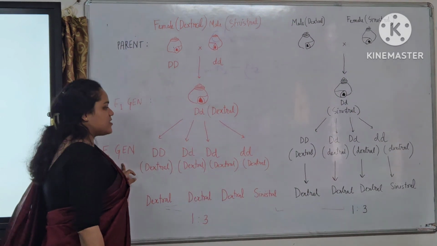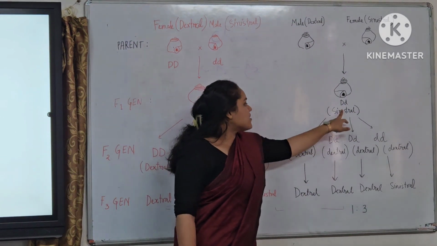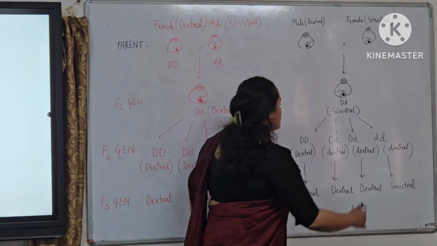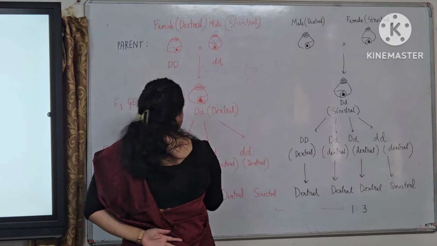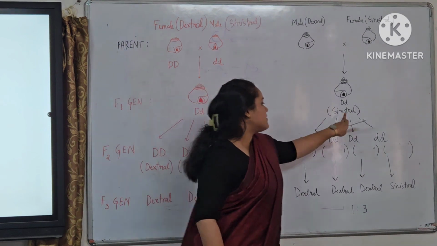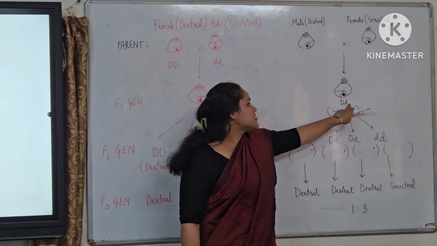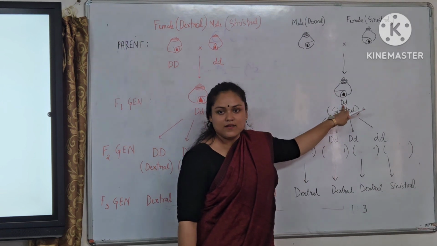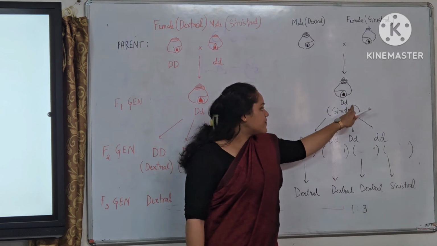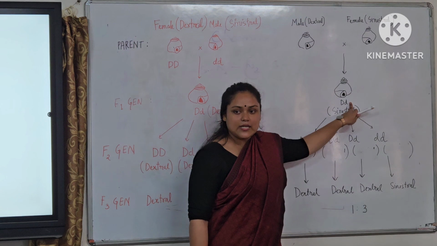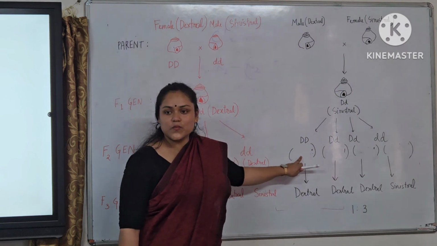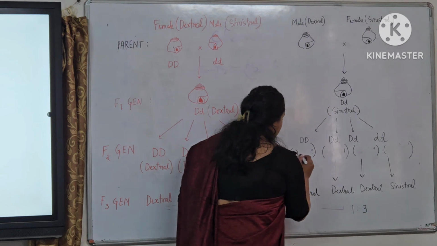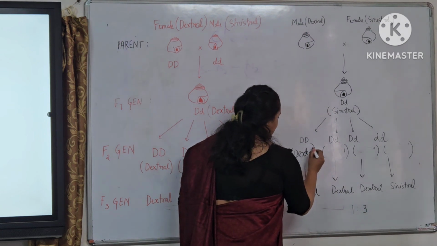Again, in the F2 generation, because the mother was sinistral, the phenotype is sinistral, but what is the genotype? Capital D, small d. Who will have the dominant effect? Because the genotype is capital D, small d, they will be dextral. Did you understand now?